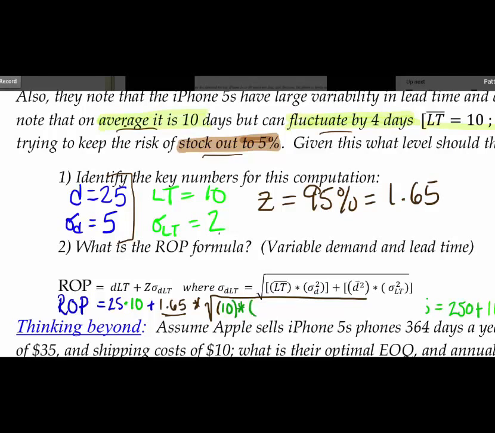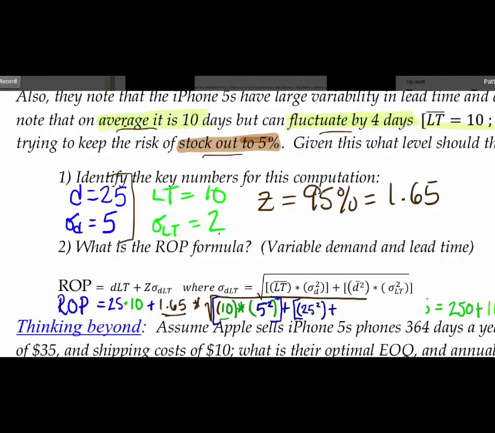And you'll note that the only number underneath this radical that is not squared is this average lead time. The standard deviation of demand, as you know, is 5, so that's going to be 5 squared, or 25, but we'll write it as 5 squared. And then we're going to close up our parentheses right here.